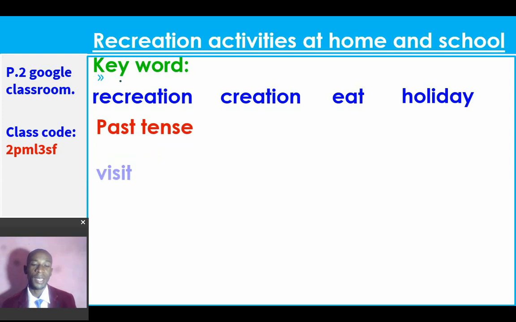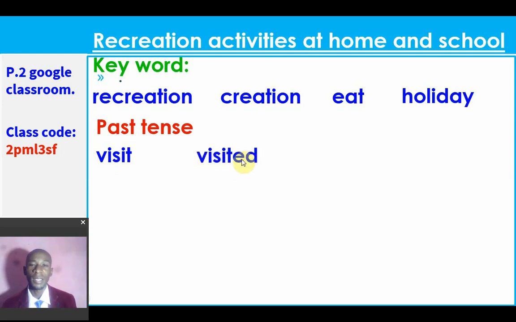And I need to give an example. Here I have the word visit. The word is visit. So for this word visit, what is the past tense of visit? We get the past tense of visit by adding letters ed. So we get the word visited. Visited.